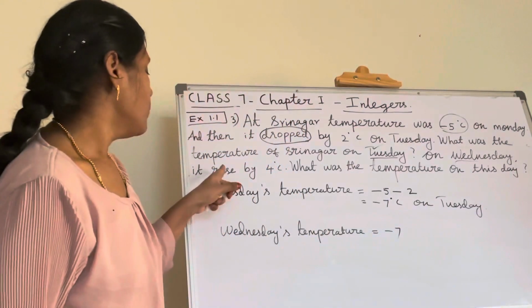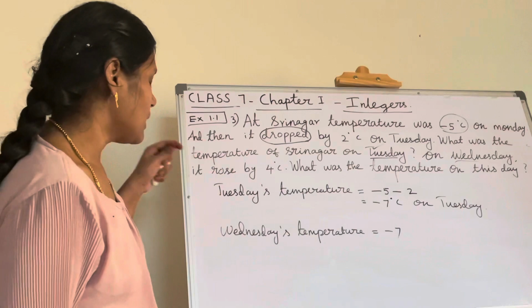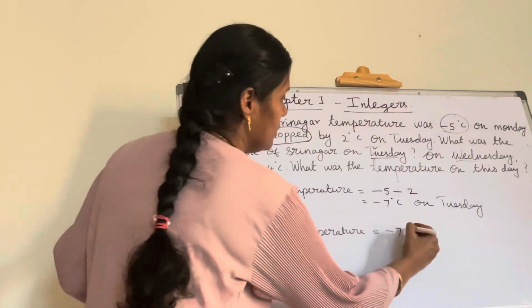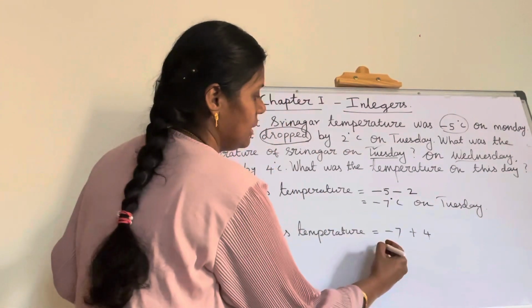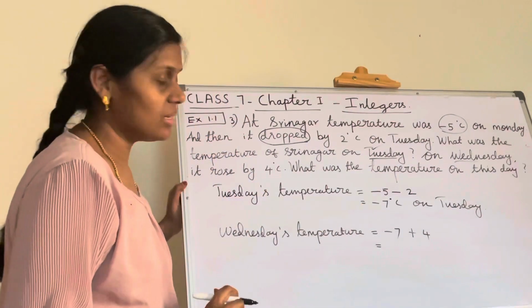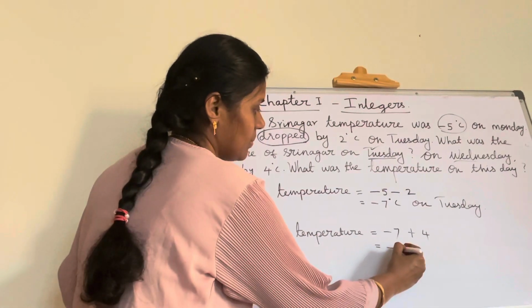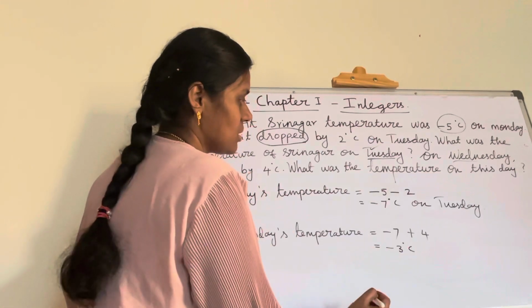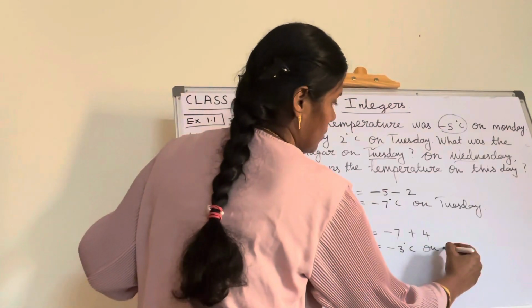Then what does it mean? It rose by, it rises up. So we need to add 4, right? So -7 plus 4. What is the answer? -3 degree Celsius on Wednesday.